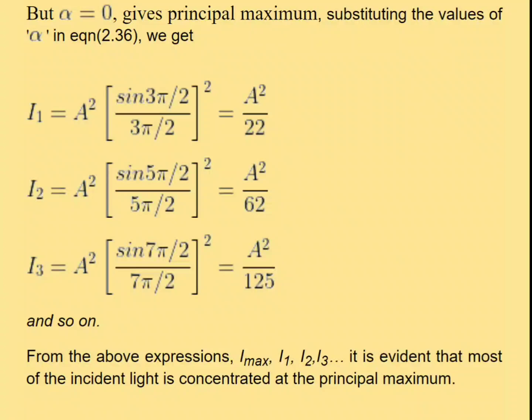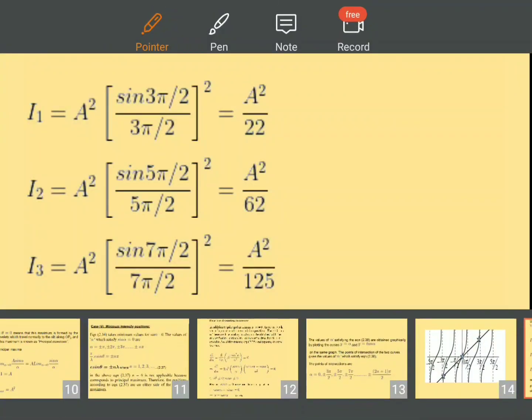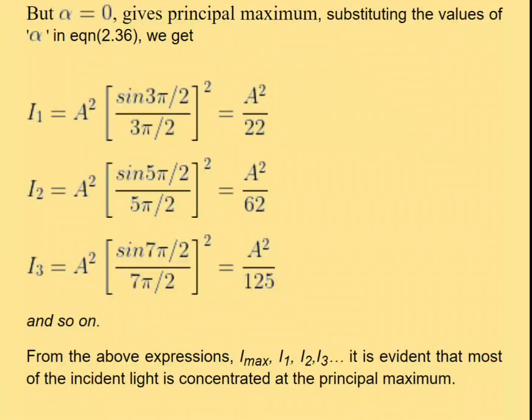Similarly, I3, by substituting 7π/2 for α, we get A²/125, and so on. From the above expression, I maximum, I1, I2, I3 are A², A²/22, A²/62, A²/125, and so on.